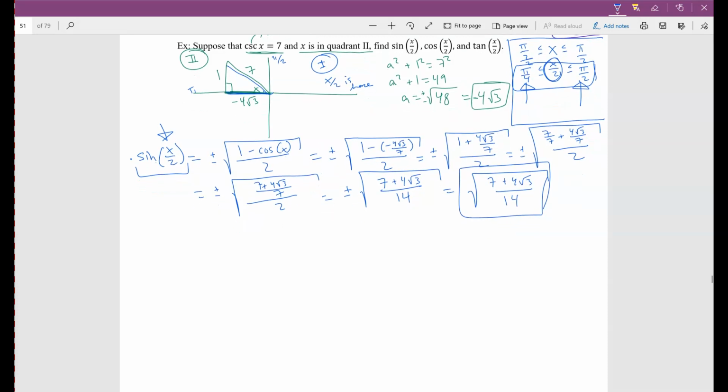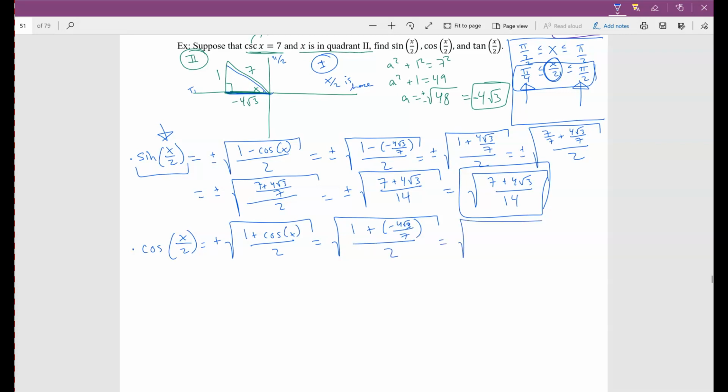Okay, now let's go ahead and figure out what cosine of x over 2 is. Now that we know that x over 2 is going to be positive, we're just going to choose a positive one because we already know that it's going to be positive. Square root of 1 plus cosine of x, over 2. All right, so this is going to give me the square root of 1 plus cosine. In this case, we already know what that was. That was negative 4 square root of 3 over 7, divided by 2.